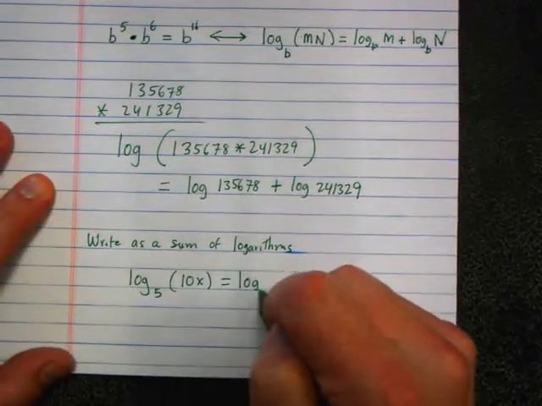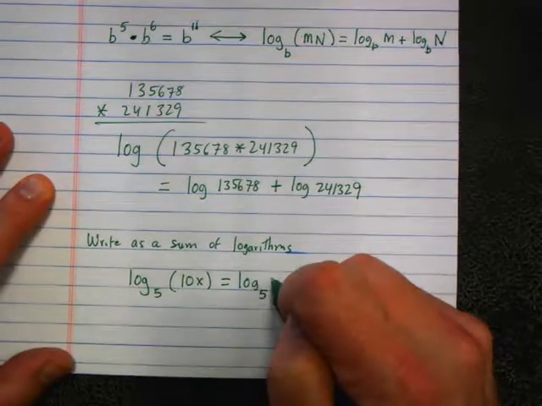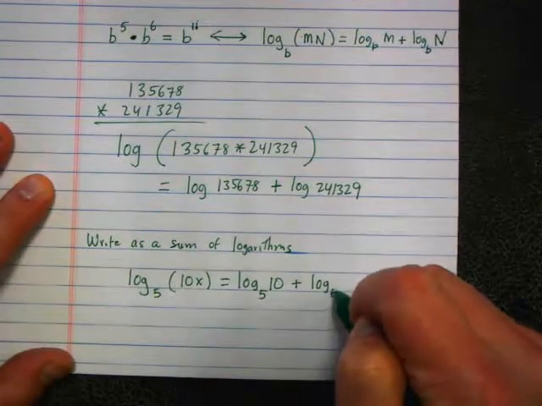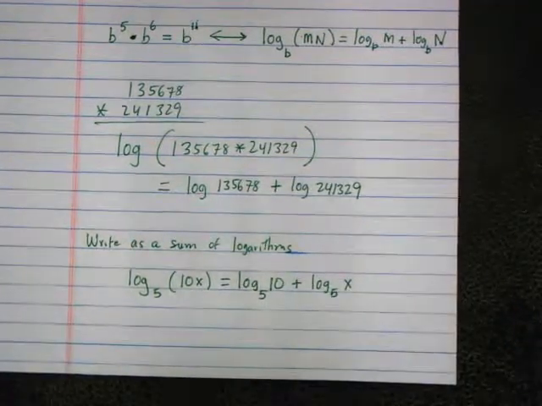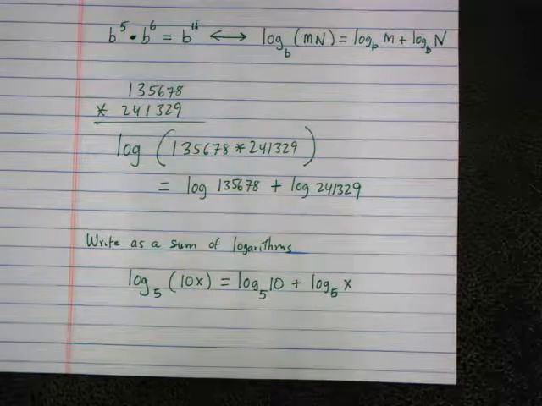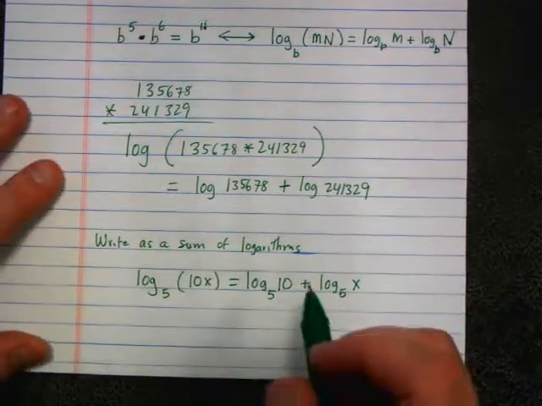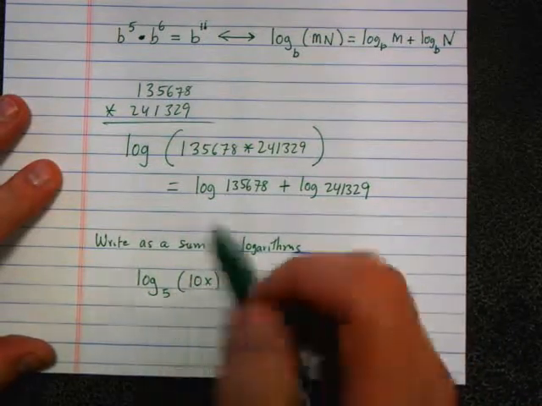So it's log base 5 of 10 plus log base 5 of x. Take that log and we split it into two logs. That was not particularly helpful, but maybe you have something like this which cleans things up a little bit.